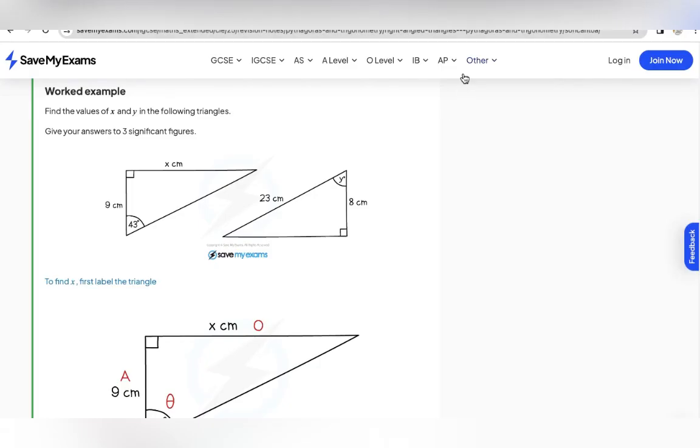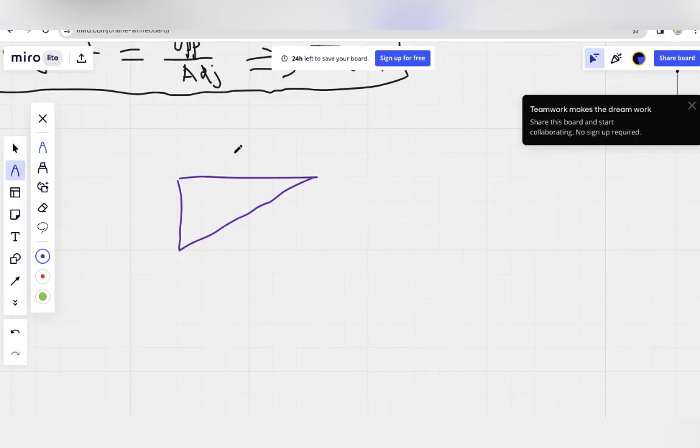We have x here, we have 9 here, and then we have an angle here, 43 degrees. The question says find x. So this is the angle theta, 43.